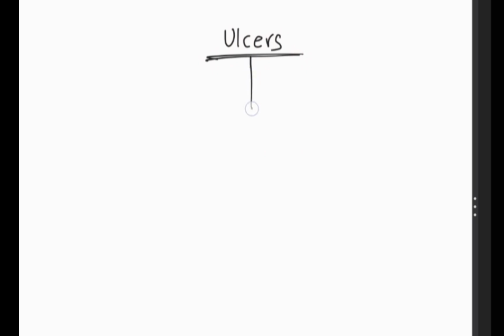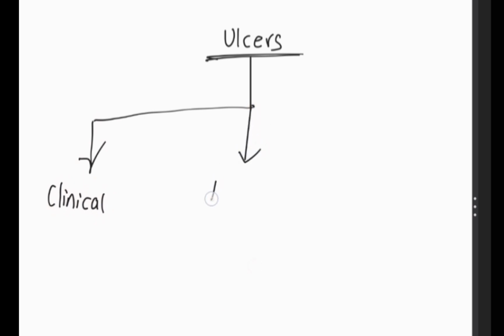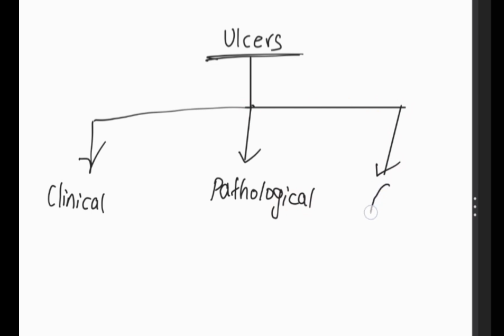The first one is based on clinical classification, the next one is pathological classification, and the final one is based on duration. So let us discuss these three things: clinical classification, pathological classification, and then based on duration.